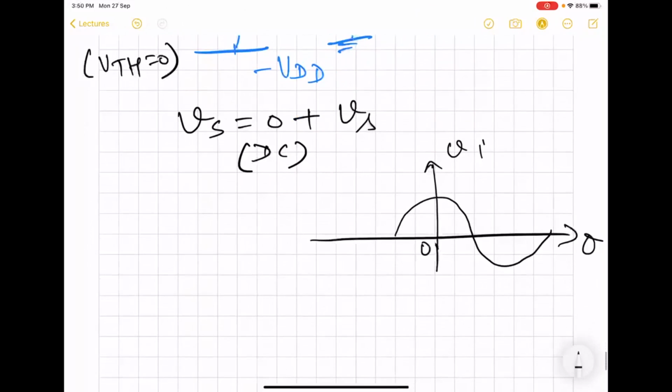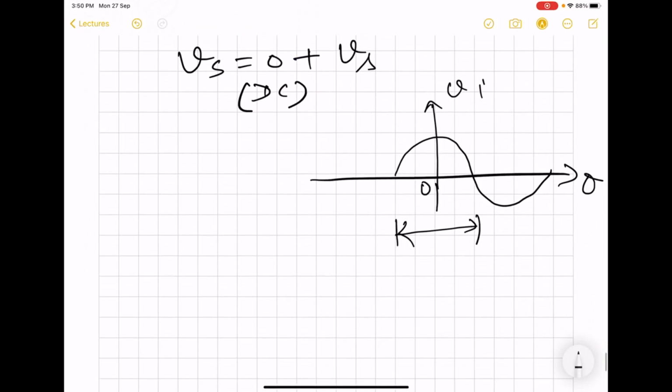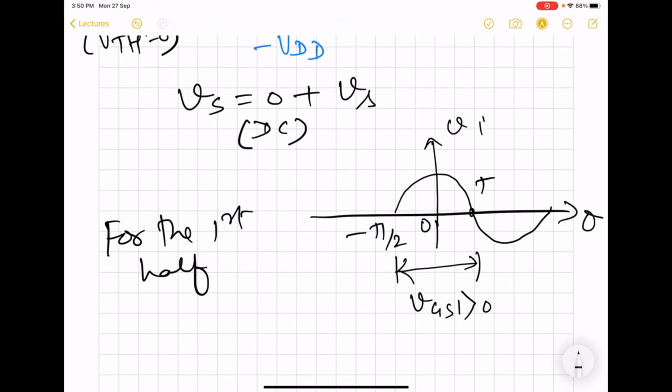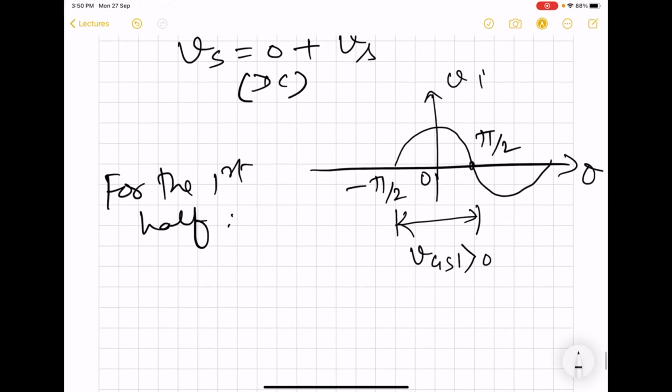So what we find is that for this portion, for the first half, which is from minus pi by 2 to pi by 2, the net gate to source voltage for MOS 1 is going to be greater than 0.